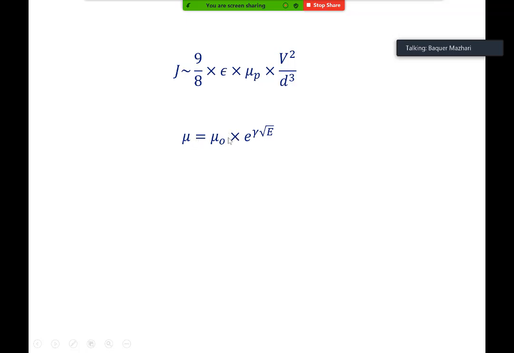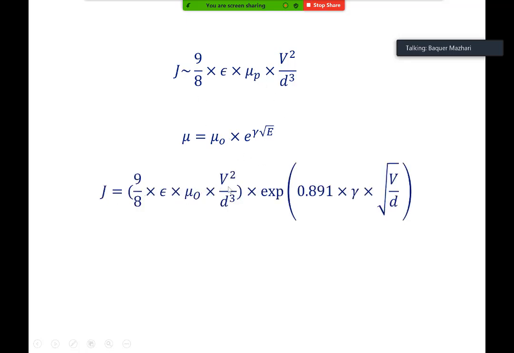With this kind of a semi-empirical mobility model we can derive an expression which has, as the first term that you see here, the Mott-Gurney expression for space charge limited current, modified by the field dependence of mobility. This expression was suggested in 1970 by Murgatroyd, and it is a popular expression used for extracting the mobility parameters. We have two mobility parameters, the low field mobility mu naught and the field enhancement parameter gamma.